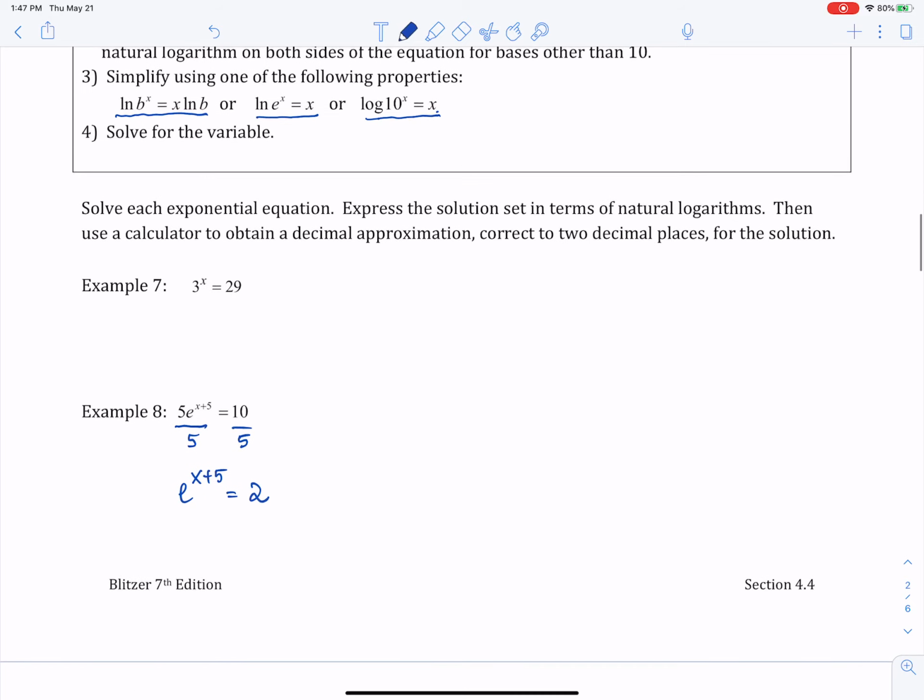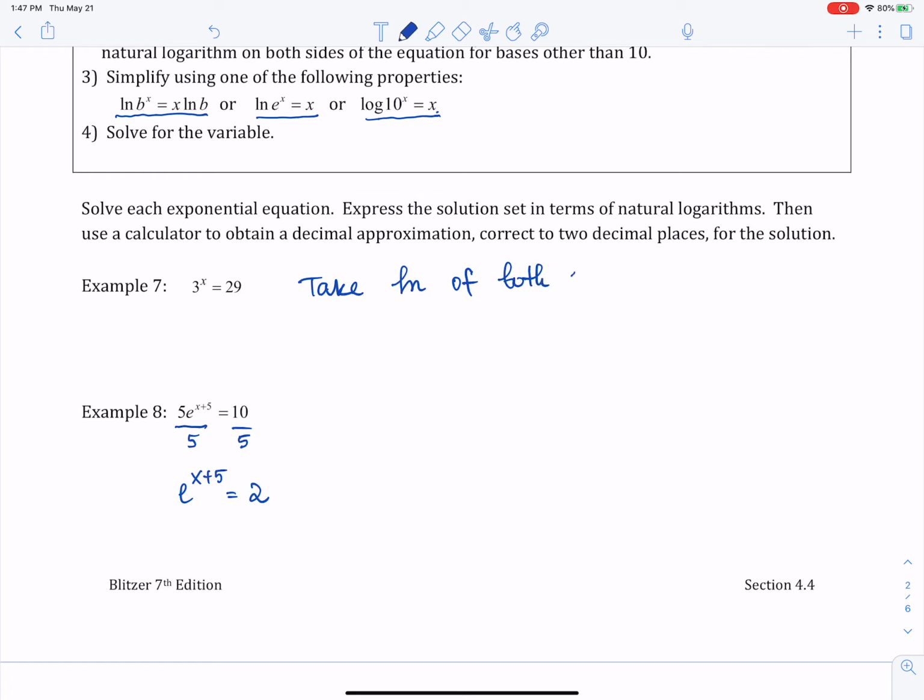So for example 7, I would like to take ln of both sides. You can take either the natural logarithm or the common logarithm. I'm going to take ln of both sides.